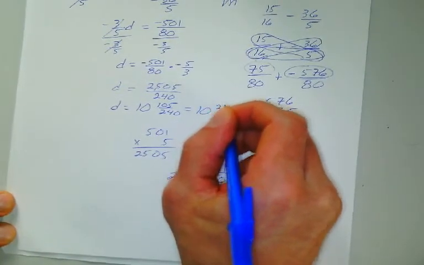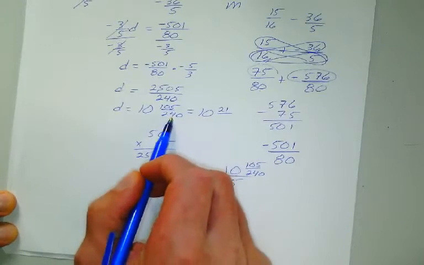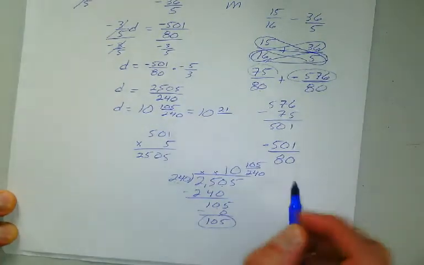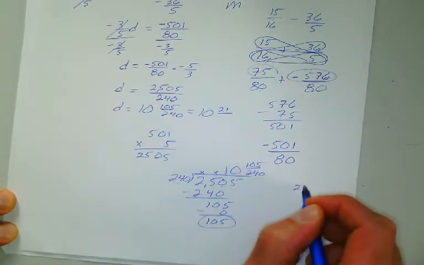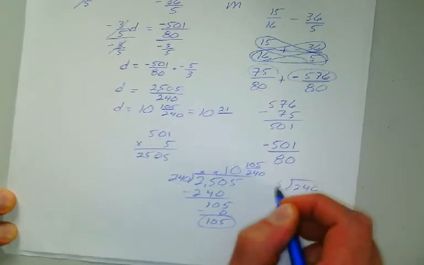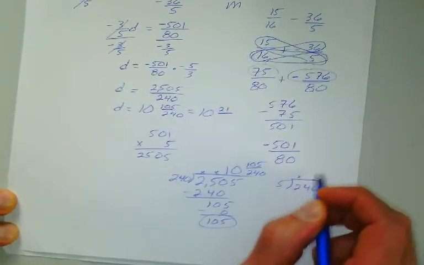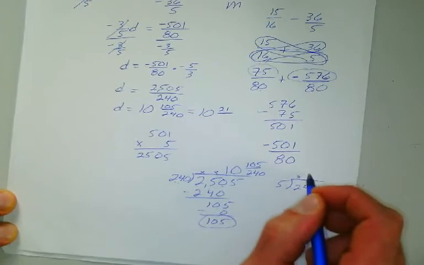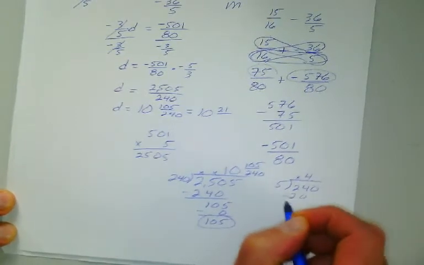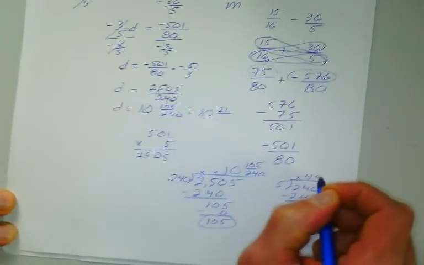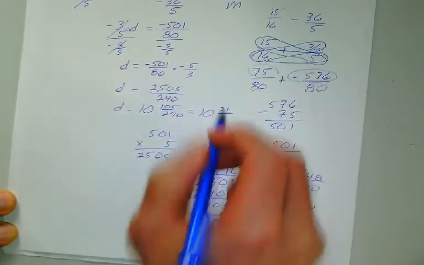Did that in my head. How many times does 5 go into 240? I'm going to go over here and do 240 divided by 5. So we've got 48. So 48 is my denominator.